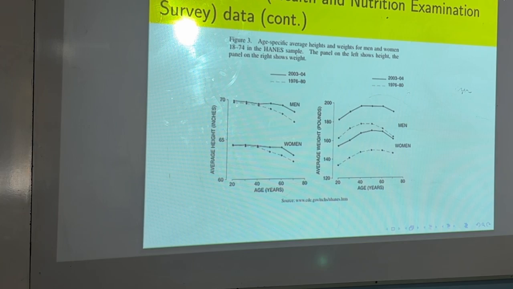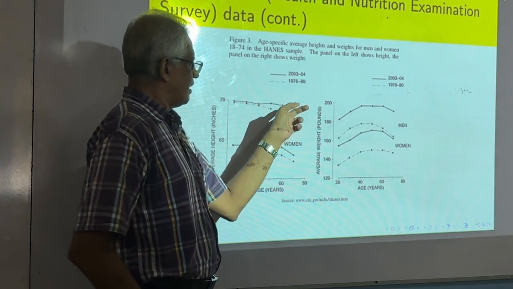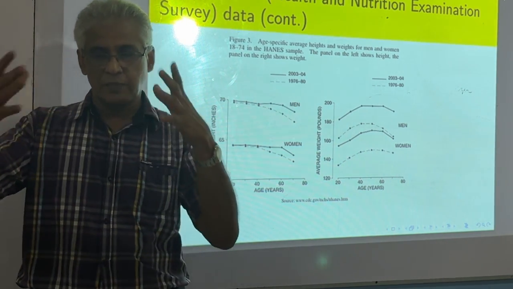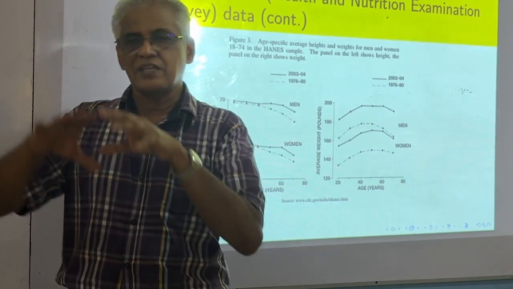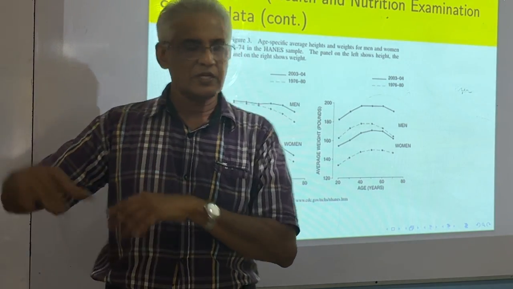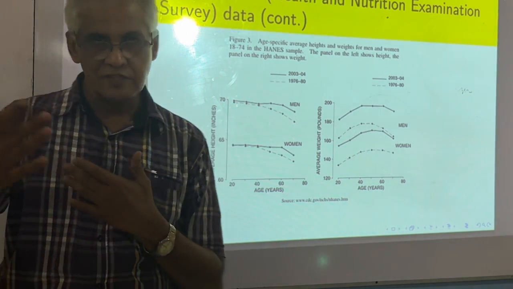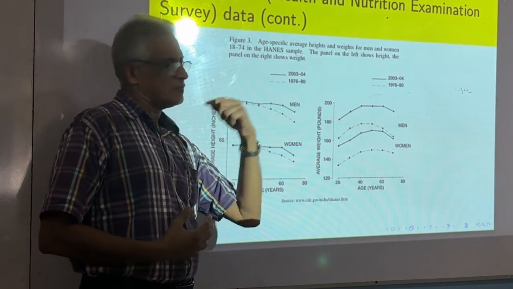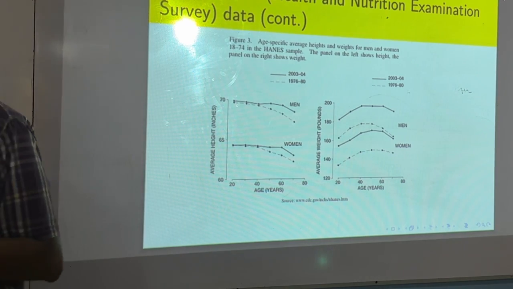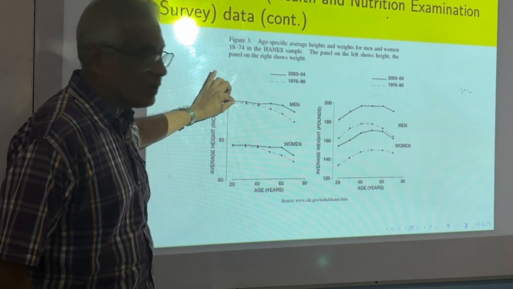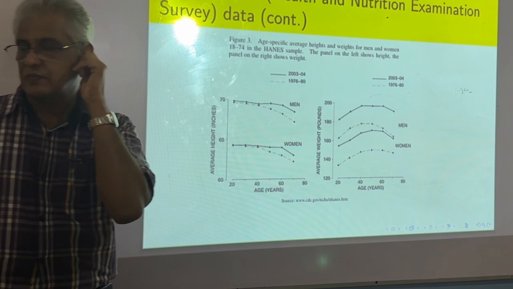Why is that? These are not the same people, but roughly they are people of the same age, age 70. Why do age 70 people have this much difference in height, and why do age 20 people have only a small difference here?